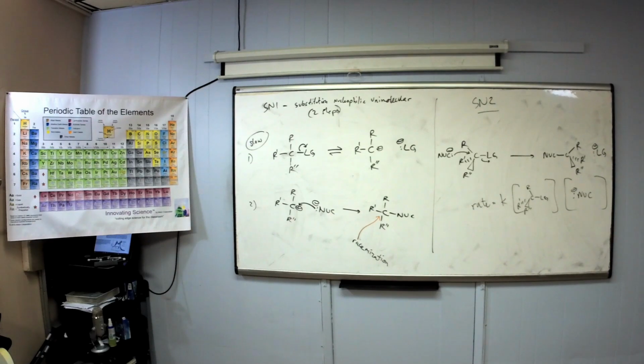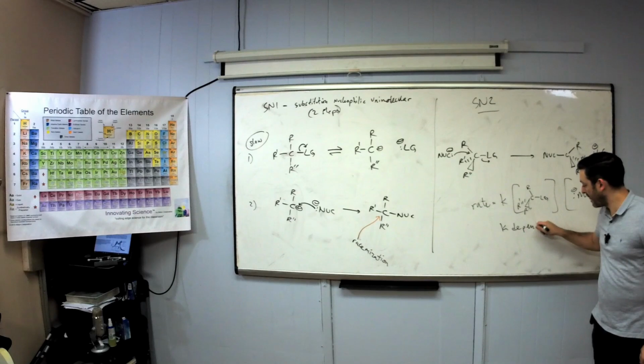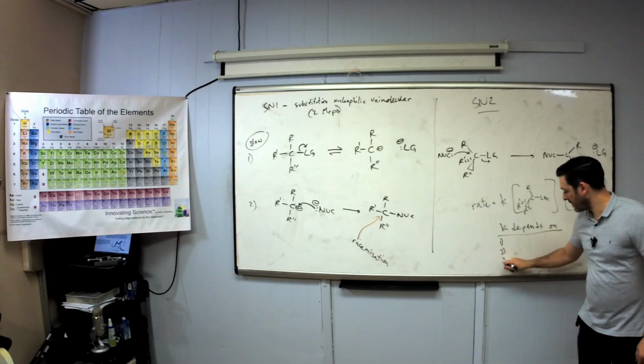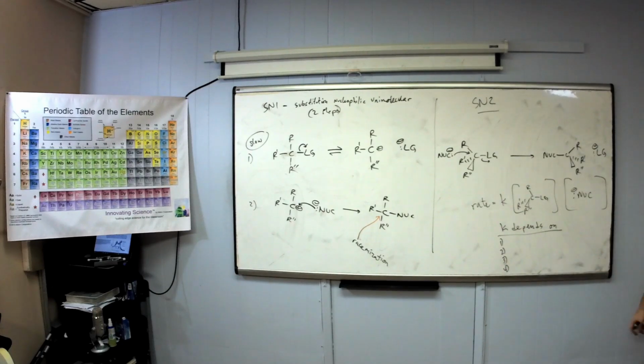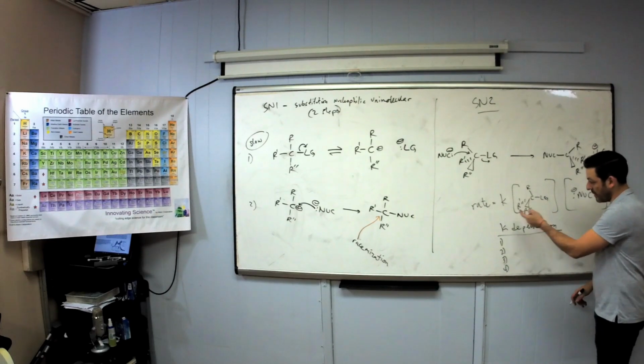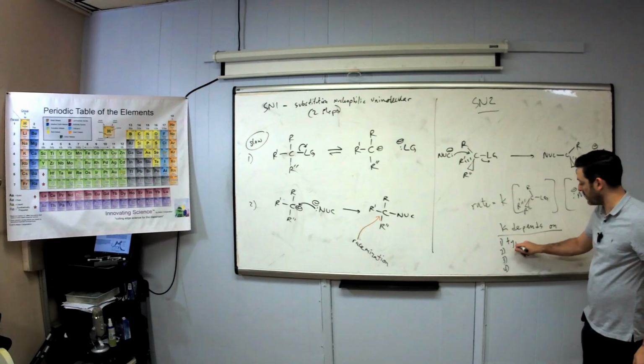Nuc makes a presence. K, of course, depends on several factors. Here it's 4 factors. Why 4? Well, you see a carbon in the rate law. Therefore, for K, it really matters what carbon's attached to, the type of carbon.